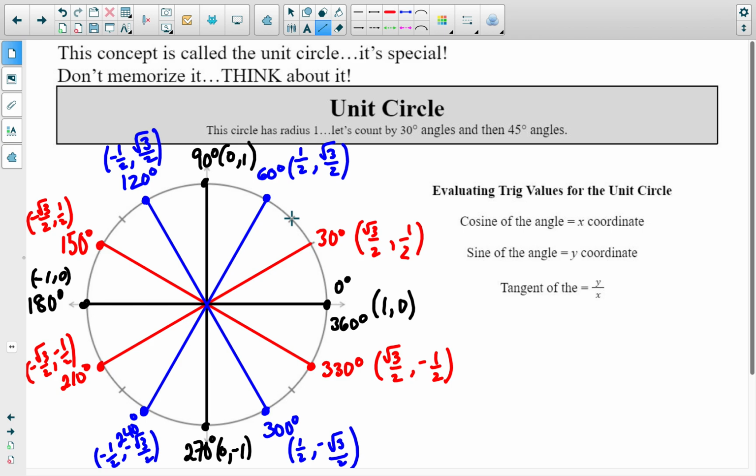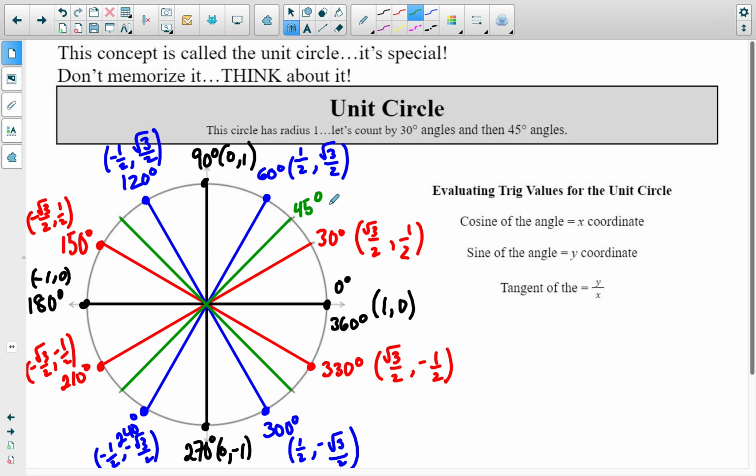Okay, what's left is our 45s. Okay? And when we label our 45-degree angles, and those that kind of match up with it, we start at 45. Okay? And then you can just take 45 plus 90, and that'll give you this point here.